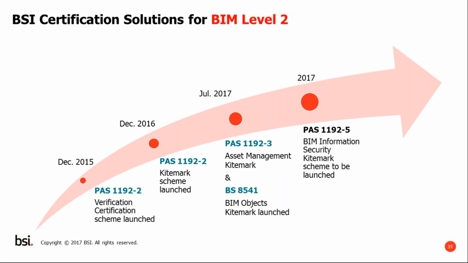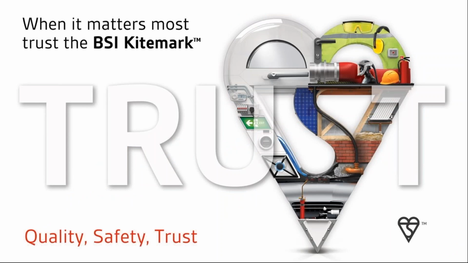Once that's released, this will cover the whole BIM Level 2 landscape. Across these schemes, we will cover all aspects of the asset lifecycle with respect to BIM Level 2. And of course, we have the ISO 19650 transition.